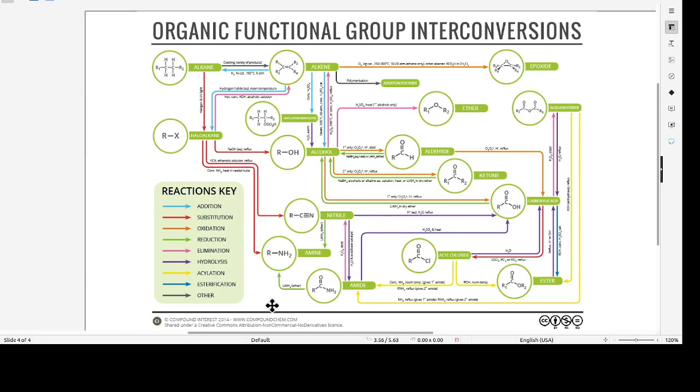You may want to draw your own as you encounter reactions, referring to the explanations of problems and to the textbook.